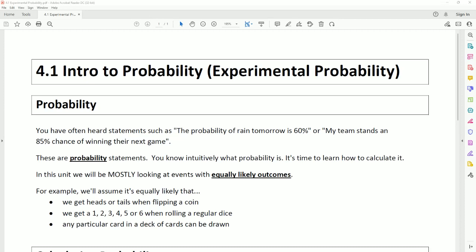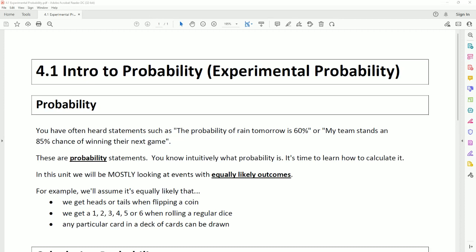Similarly, if you roll a die, each outcome is equally likely. That doesn't mean that you're going to get one of each number if you roll the die 6 times. It just means that each number has an equal probability of appearing. And likewise, if we're dealing with a deck of cards, the probability of drawing any single card is 1 in 52, if we're assuming a 52 card deck with no jokers, which in this course we always will.